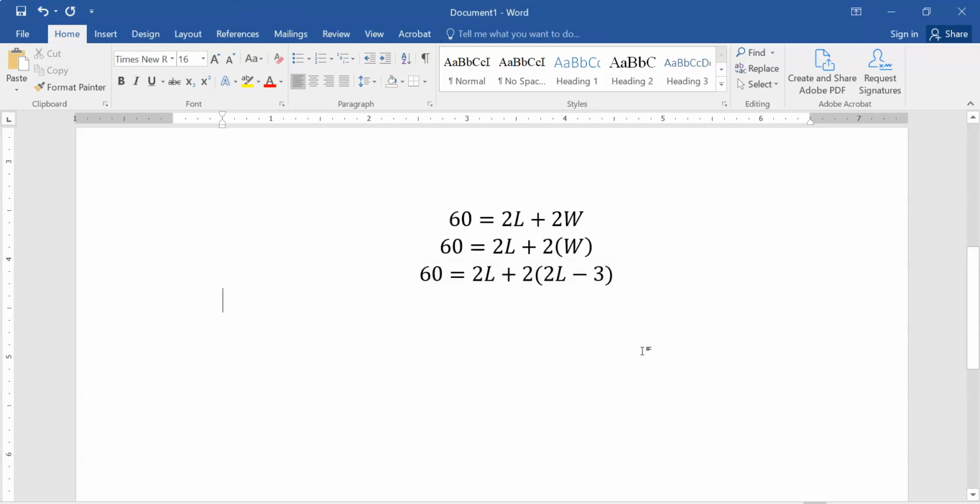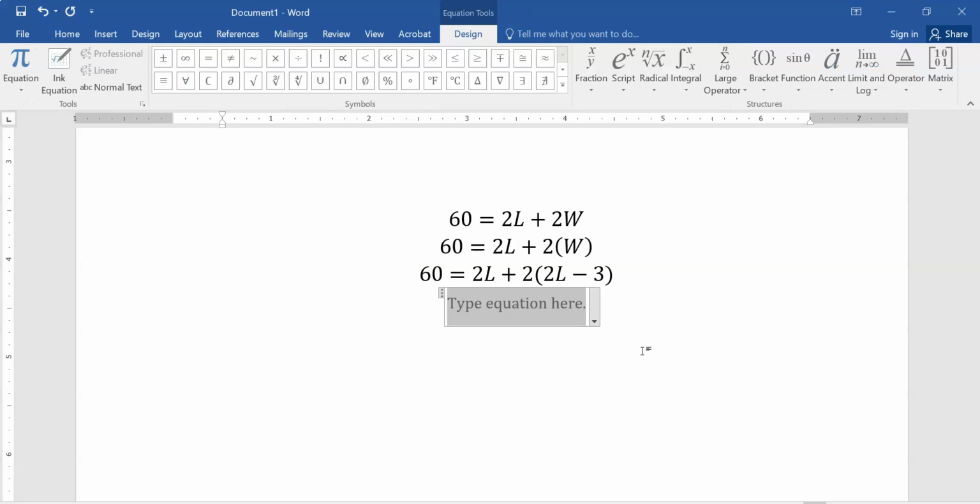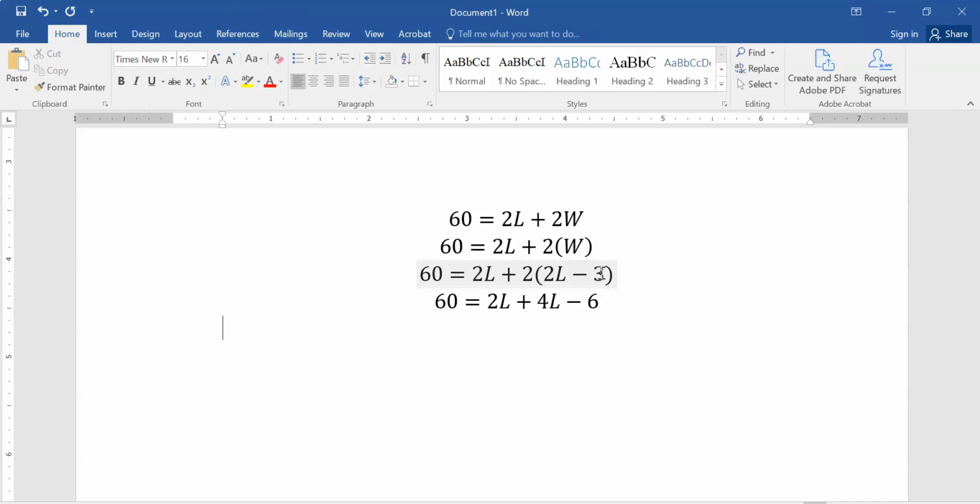So 60 is equal to, well, this one causes me to distribute: 2 times 2L, that's going to be 4L, and 2 times -3 is -6.